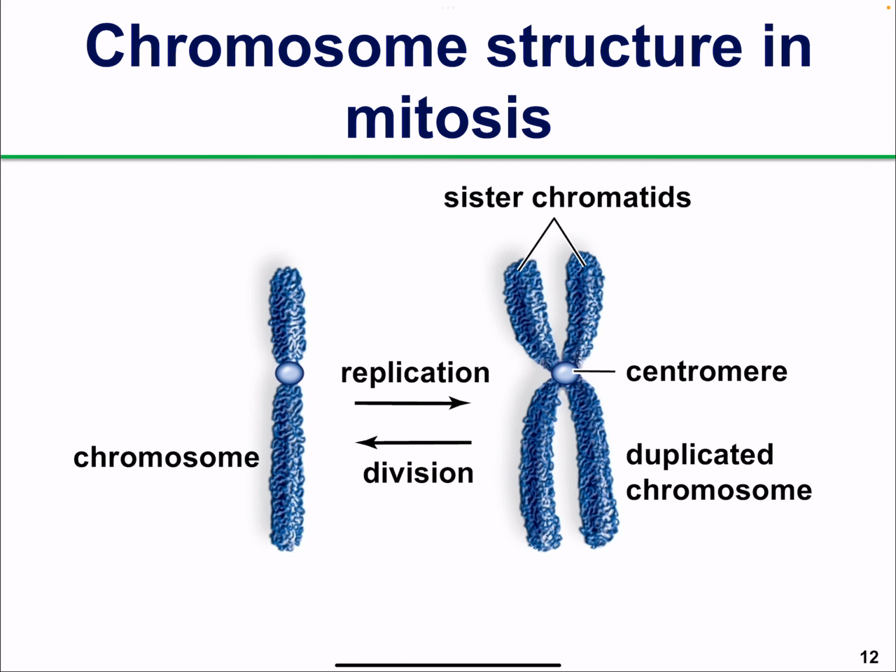So here we have one chromosome, right? We have a centromere area here. After replication, we have one copy of the chromosome and two copies of the same chromosome. The chromosome is xeroxed. They are held together by a centromere.